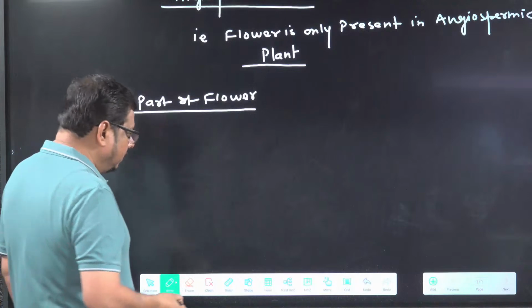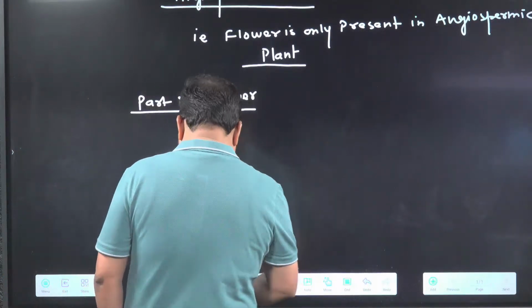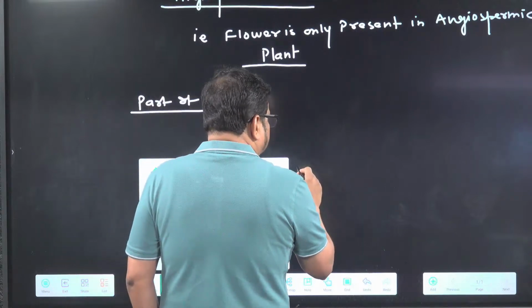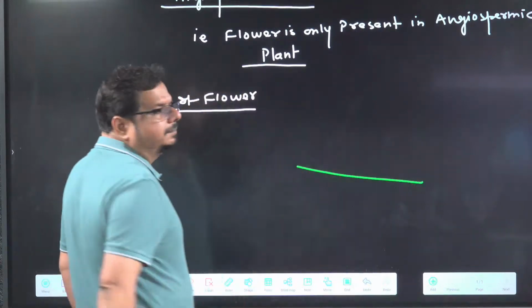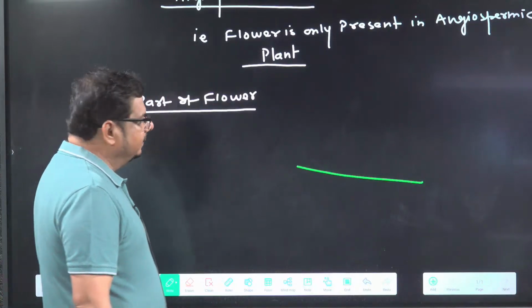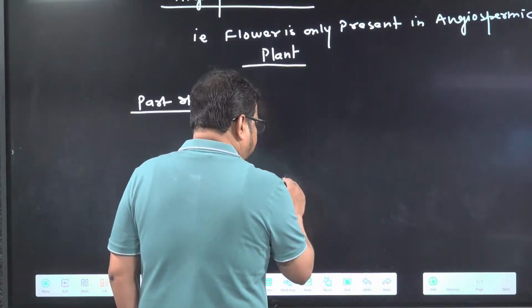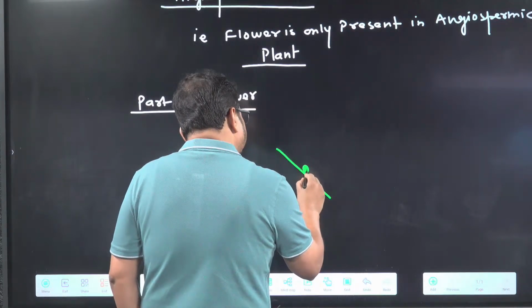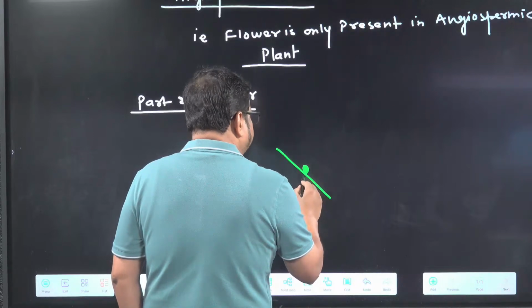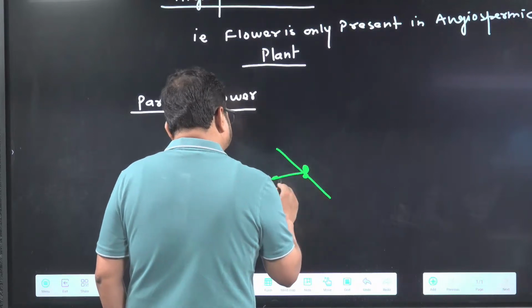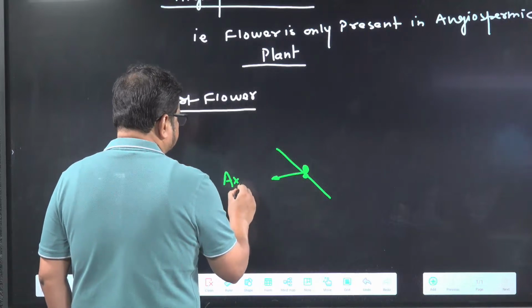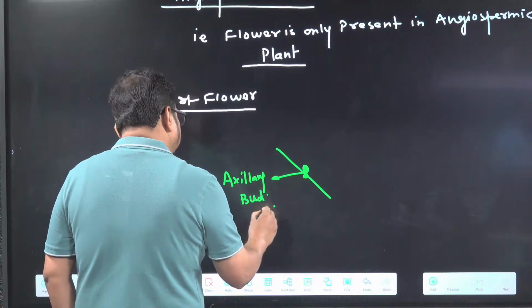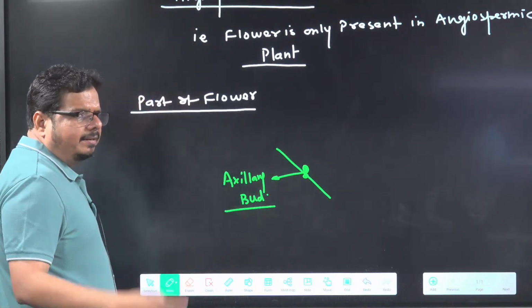Just have a look. So you just try to understand, this is the stem, assume, and from this stem, who is this? Axillary bud. Here the node is there. So this axillary bud may convert into which one?